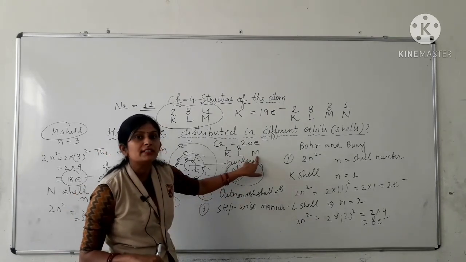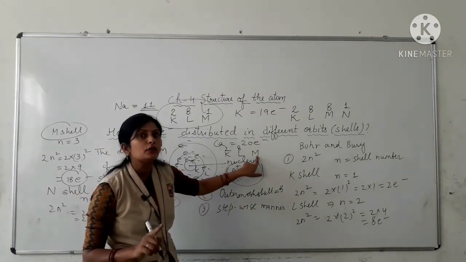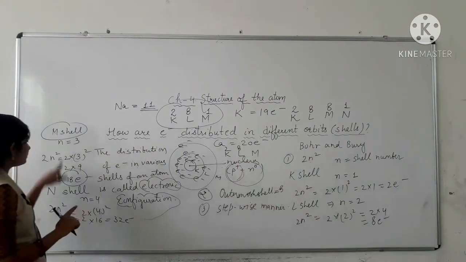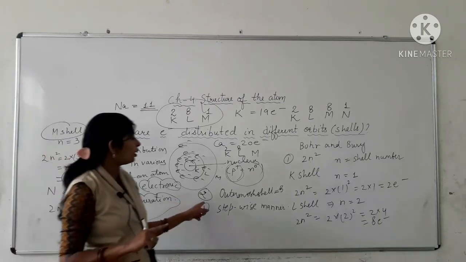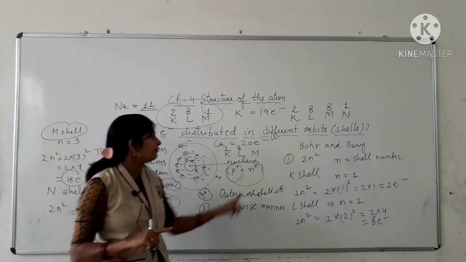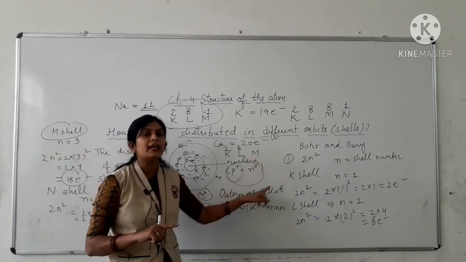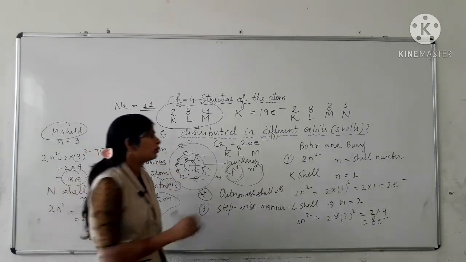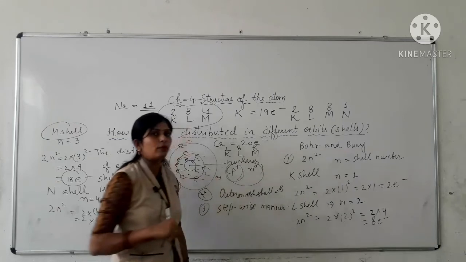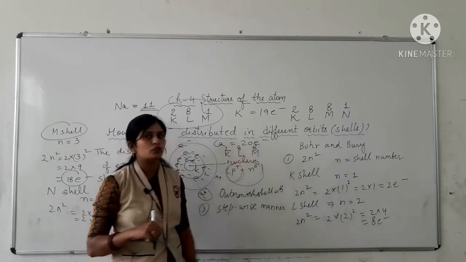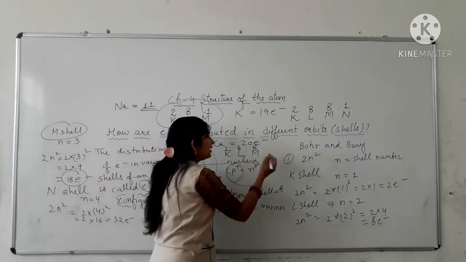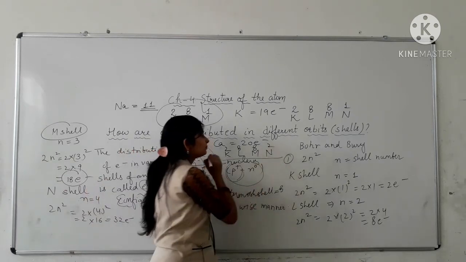Now M shell is there. According to the first rule, formula 2n square, M shell can have a maximum of 18 electrons. But according to the second rule, if it is the outermost shell, then it cannot accommodate more than 8 electrons. So only 8 electrons can be accommodated in it, because it is the outermost shell. Now 2 electrons are remaining, that will go in N shell.